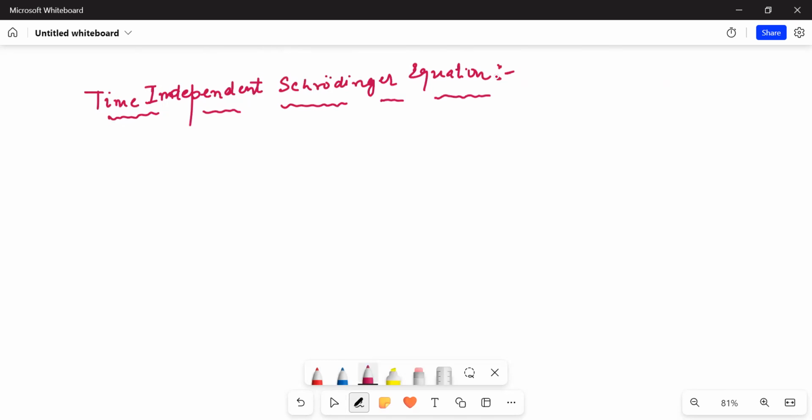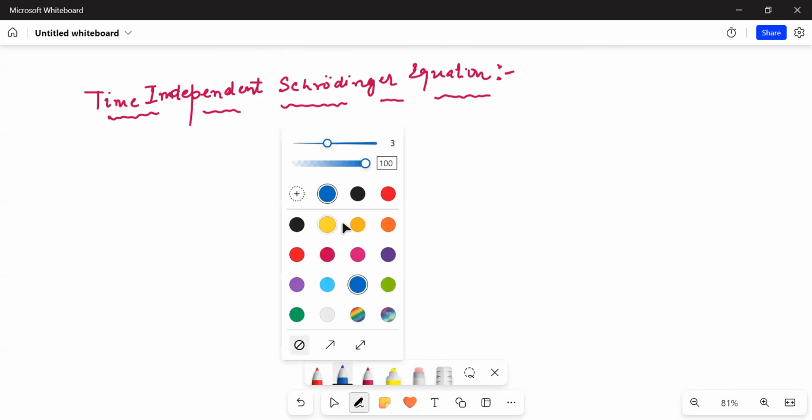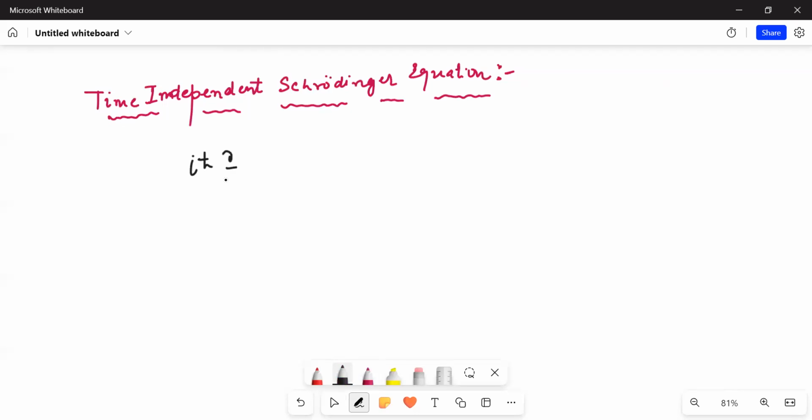Just to revise that entire thing, what was the motivation? The motivation here was that we are solving iħ ∂ψ/∂t equals minus ħ² upon 2m ∂²ψ/∂x² plus V(x)ψ.